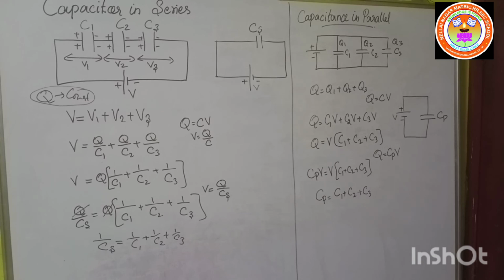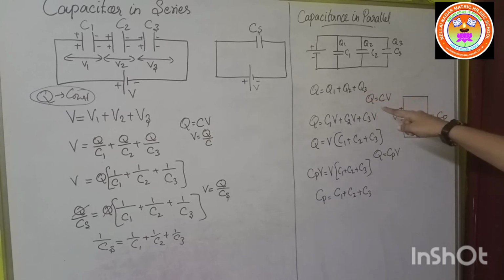The potential is the same, but the capacitance value will be different for different capacitors, so the first capacitor C1, C2, C3 have the charges Q1, Q2, Q3. According to the law of conservation of total charge, we can add all the charges, that is Q is equal to Q1 plus Q2 plus Q3.